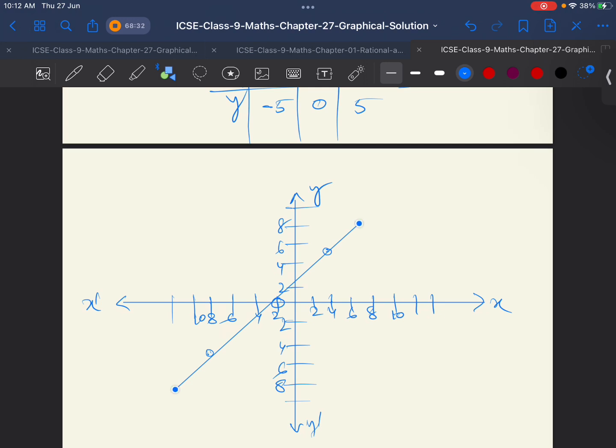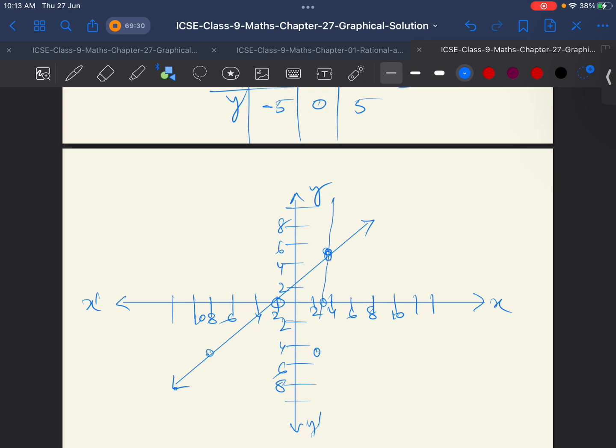Okay, so this is the line. And the second line, now we plot 2 minus 5. 2 minus 5 is here, 3 0 is here, and 4 5 will be here.